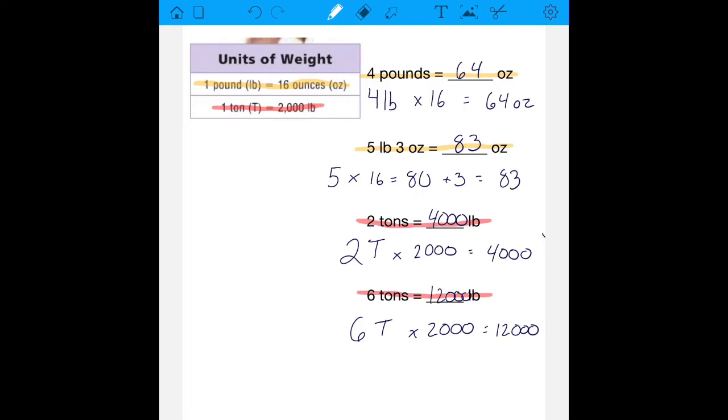Now, just like we had looked before, it seems like I am moving from over here on the left, and I am moving it to the right. So in this case, when I move left to right on my chart, that means that I should multiply.